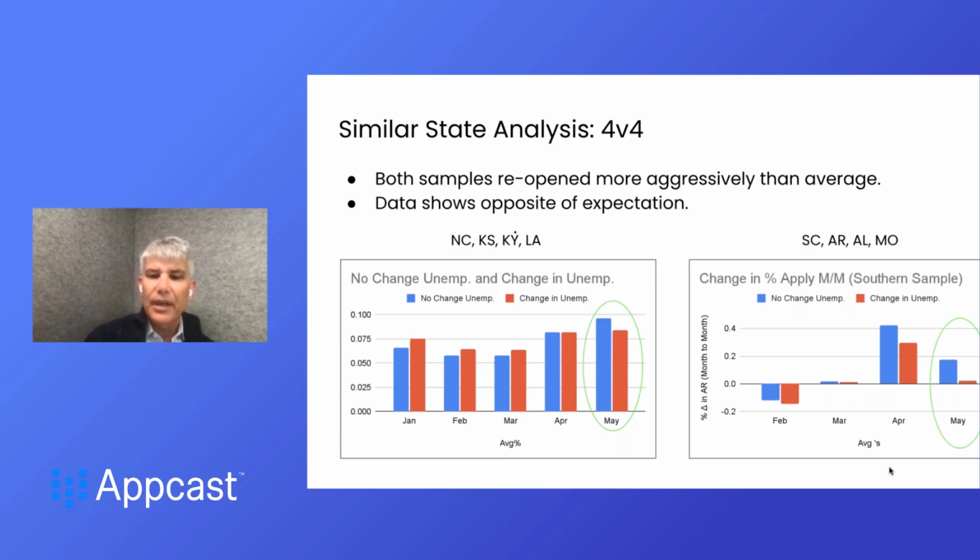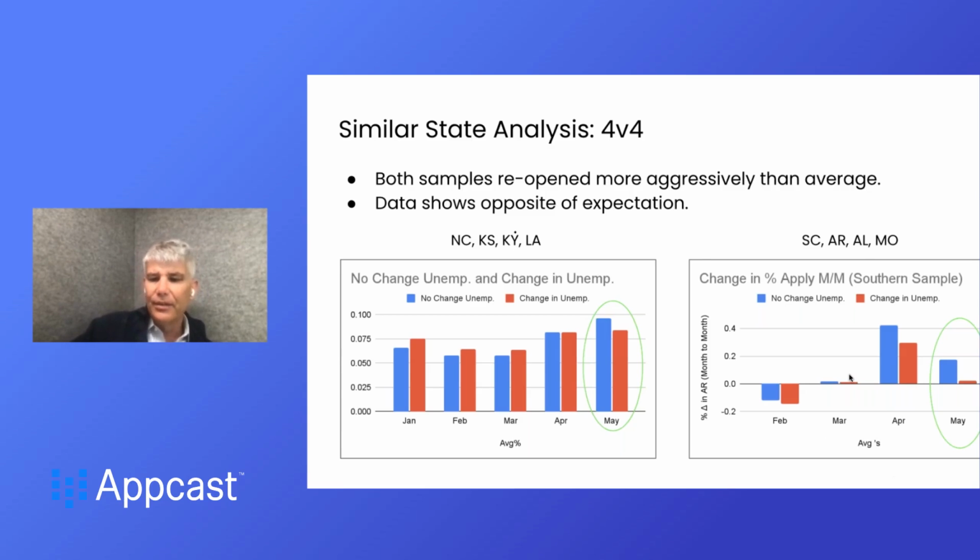The states that continue to give $300 per week to those who are unemployed have a higher application rate growth than the states that didn't. So it shows absolutely the opposite of our expectation. We were really scratching our heads. We were like, this doesn't make a lot of sense to us. So we reran the data over and over and over again.